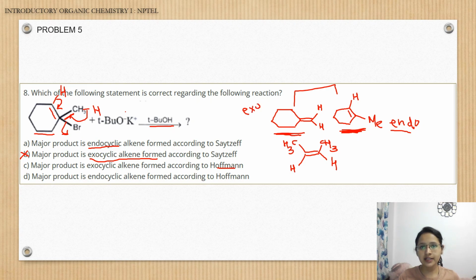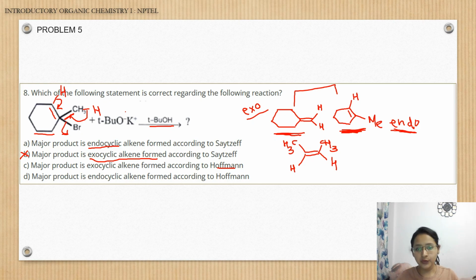So the exocyclic double bond is forming according to the Hoffman rule, but the endocyclic is forming according to the Zaitsev rule. So both rules are opposite to each other. Zaitsev's rule says that whenever there is competition between the formation of alkenes, the more substituted alkene is favored. But Hoffman says that the least substituted double bond is favored.